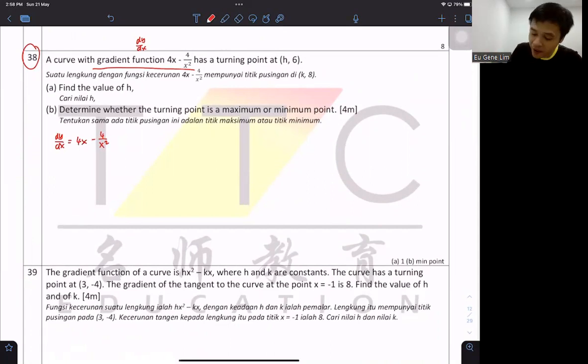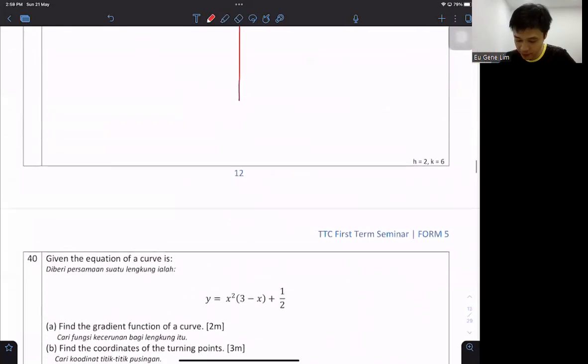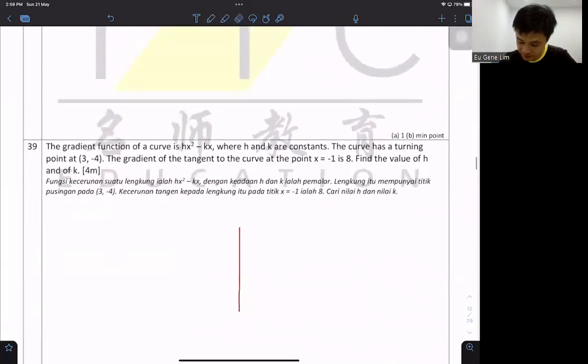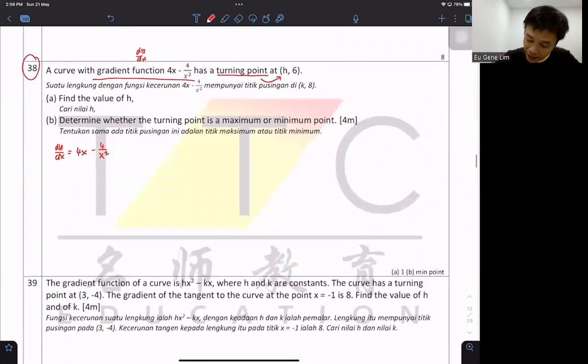This is a turning point. Turning point, dy dx equals 0. So question A.